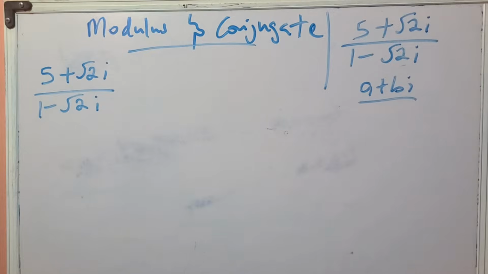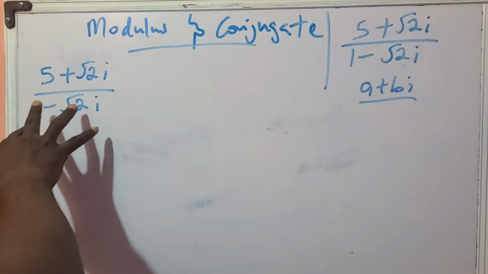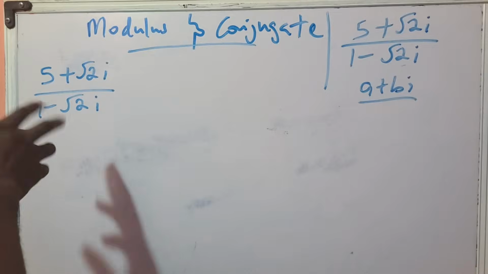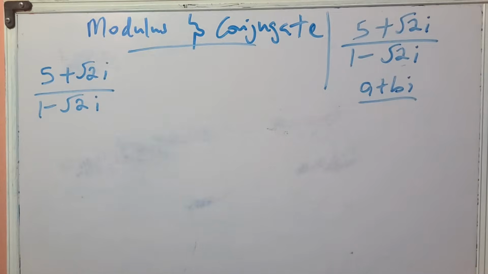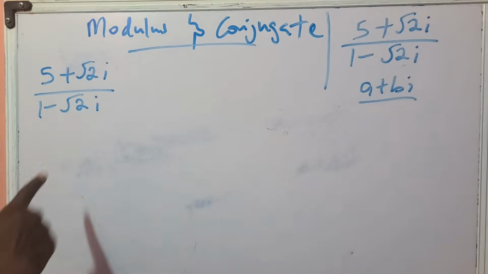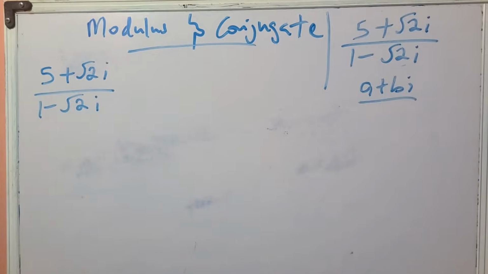Of course, looking at this is a perfect example of why you would need to understand the concept of conjugate. Because if you look at what we have right here, we have a denominator that is not permitted in mathematics, where it's having a complex number and it's also having a surd. So you have to find a way to rationalize this.